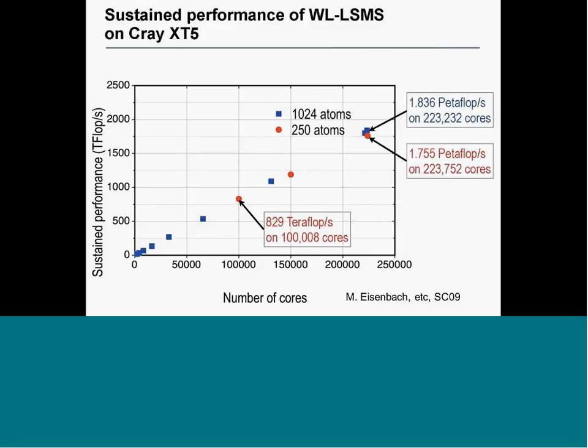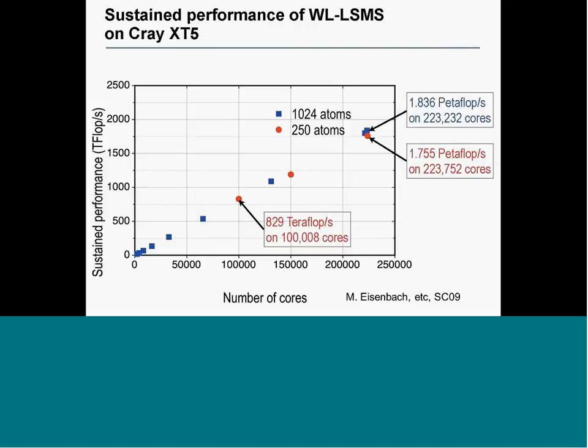Let's see. The y-axis is the sustained performance in teraflops, which is 10 to the 12 flops. Flops is floating point operations per second. And the x-axis is the number of cores. For a fixed problem size of 200 or 1000, we have an ideal scaling relation shown by this plot.